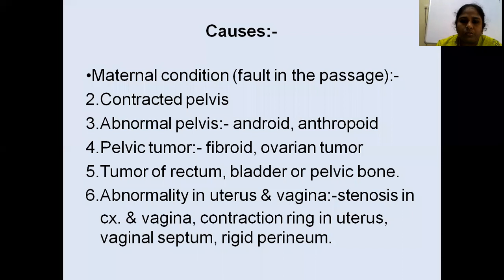Abnormalities in the uterus and vagina include vaginal stenosis, cervical stenosis, contraction rings in the uterus, transverse vaginal septum, and rigid perineum.